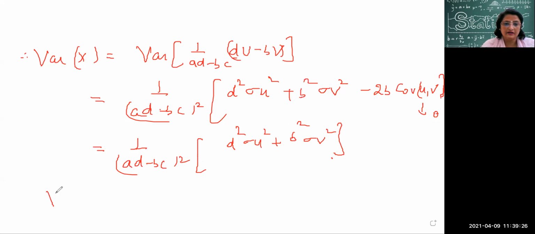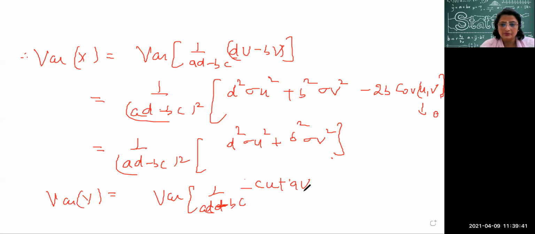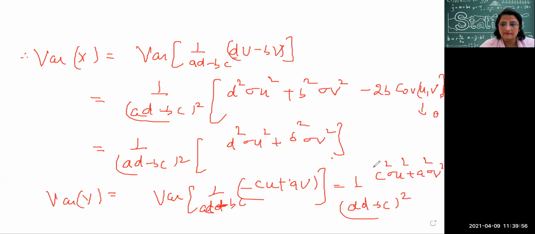Similarly, we will find the variance of y, that is the variance of the expression with (ad minus bc) and here we will have minus cu plus av. Opening it in the same way, the answer I'm just writing is 1 upon (ad minus bc) whole square into (c square sigma u square plus a square sigma v square).